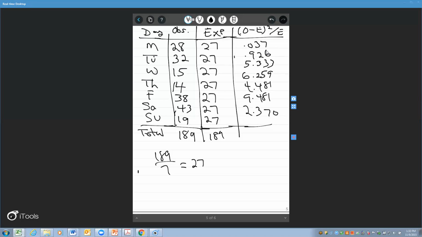If I add all those up, I get 28.889. This value is our test statistic.